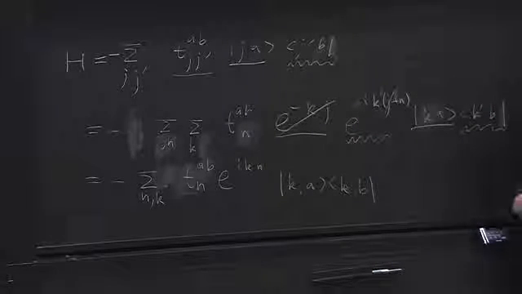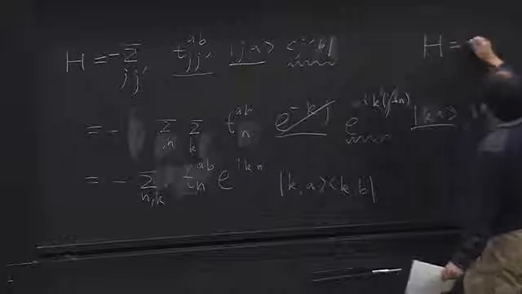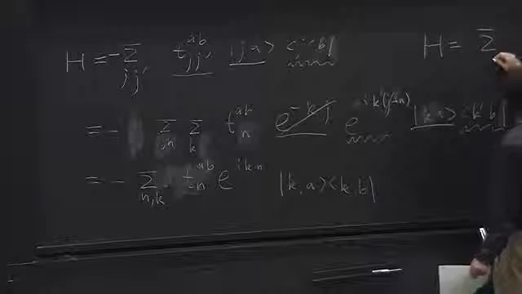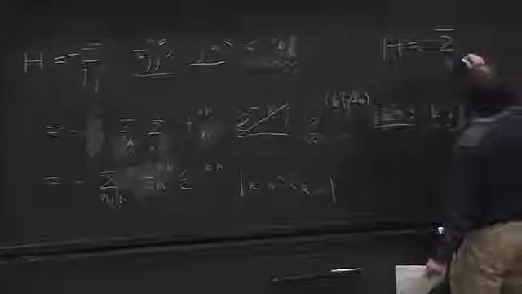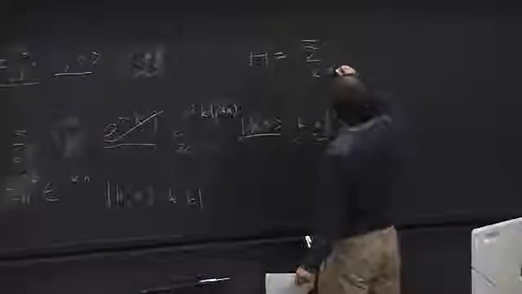And that's it. So I want to write this further. Let me write this in 2 steps. Sum over k, AB.